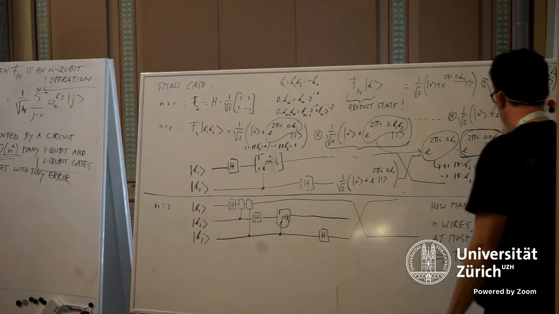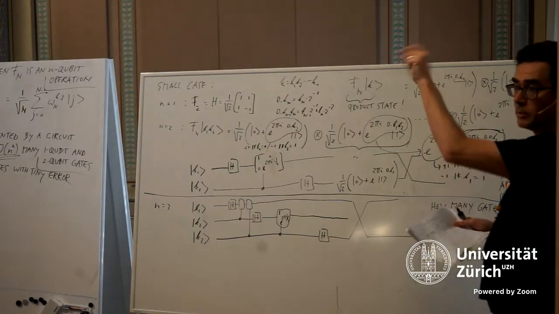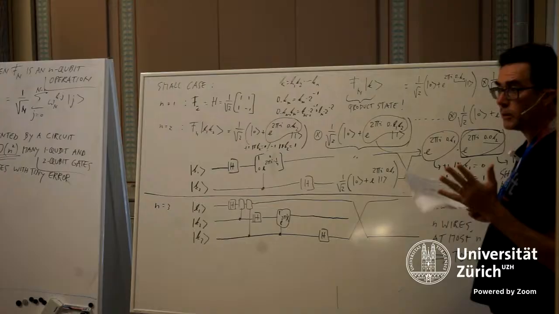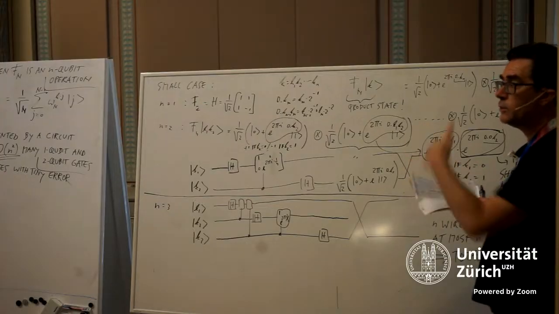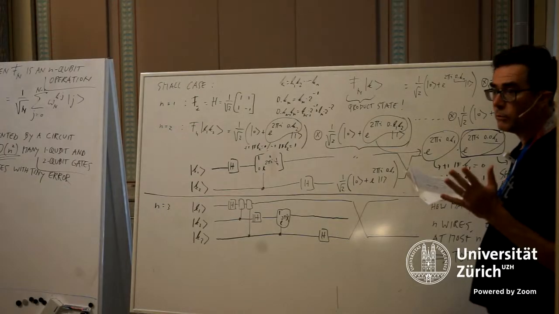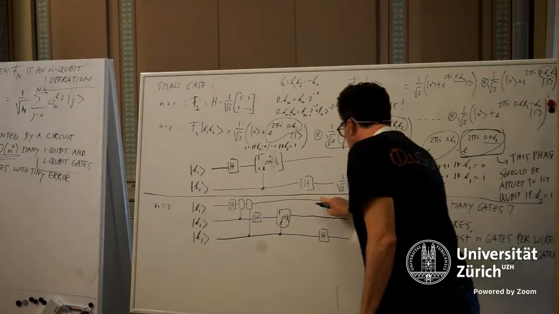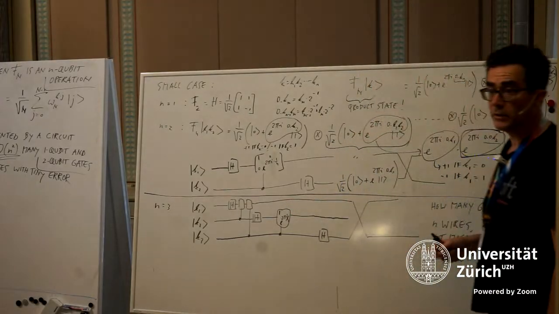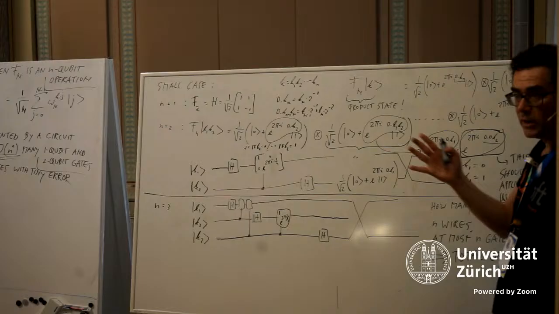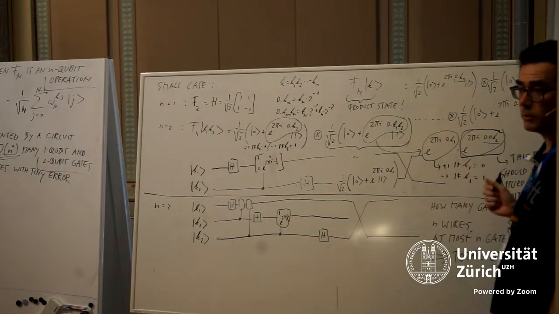But if you go a little further, it's going to look like 0.00000 and then a bit. That's a number that's super close to 0. And if you have e to the 2 pi i times a number very close to 0, that is very close to 1, which means many of the conditional rotations along the wire are super close to identity. If something is very close to identity, you can drop it without changing the circuit very much.